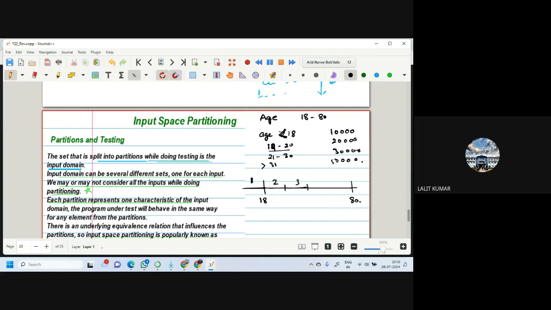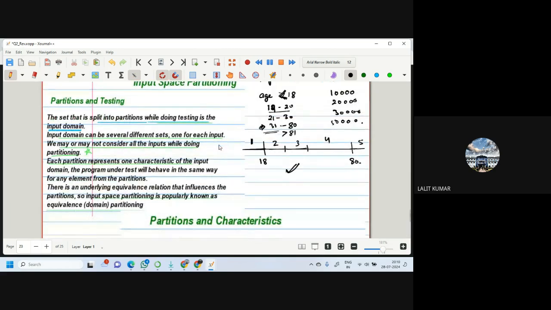And 31 to 80, for example, as they have given, and above 81. Fourth partition here, fifth partition here. So this is how we make the partitions from the question. Just make a line, denote those, and you will get the number of partitions easily. I'll cover this here with examples of PYPs.